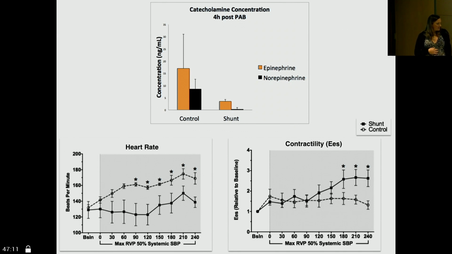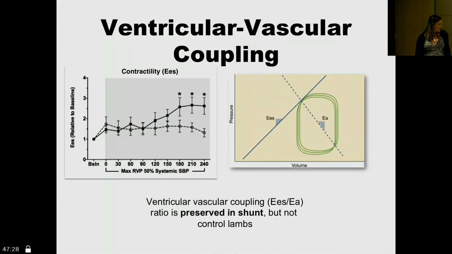And this was despite the fact that the shunted animals had lower increase in their serum catecholamines than did the control animals. And so that may explain some of the different tachycardic response that we saw in the controls, but both epi and norepi levels were lower in shunted animals.